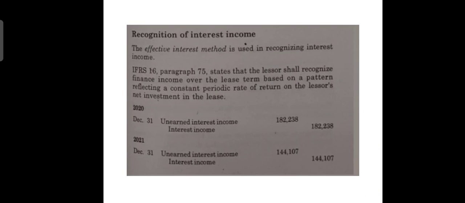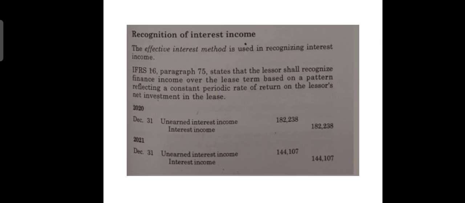Recognition of interest income. The effective interest method is used in recognizing interest income. In the International Financial Reporting Standard 16, paragraph 75, it states that the lessor shall recognize finance income over the lease term based on a pattern reflecting a constant periodic rate of return on the lessor's net investment in the lease.